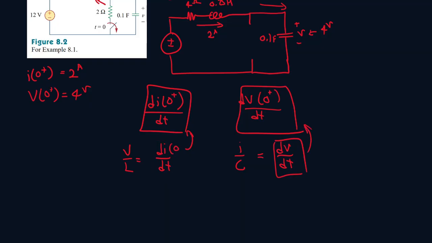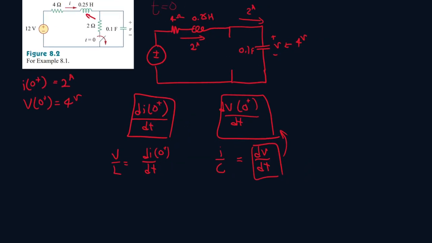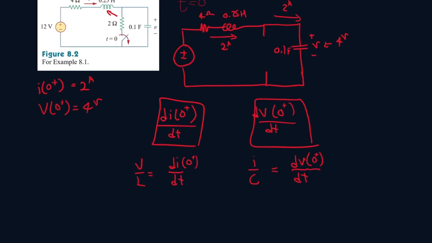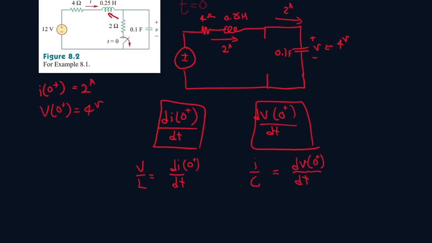So they're trying to find the change in current over the change in time when t is 0, and the change in voltage over the change in time when t is 0. So what we have to do is find the voltage at our inductor when t was 0 and the current passing through our capacitor when t is 0.